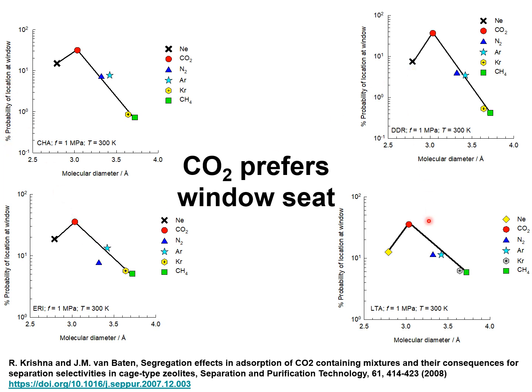For all these 4 cage type zeolites, we note that CO2 has the probability of about 30 to 50% of locating at the window regions, whereas molecules such as methane, krypton, argon, nitrogen have probabilities less than about 10% to locate at or near the window regions.